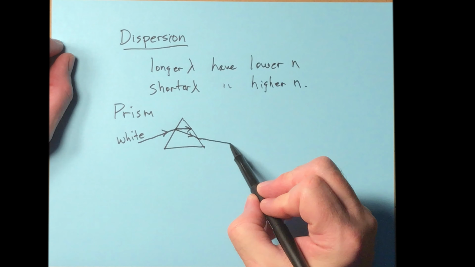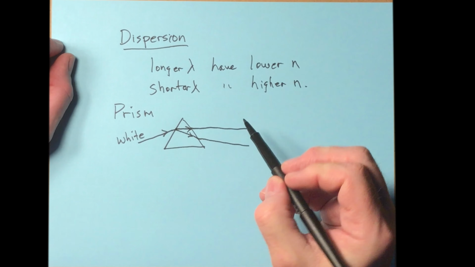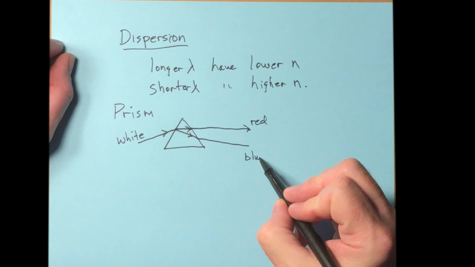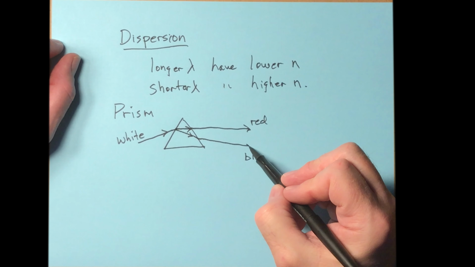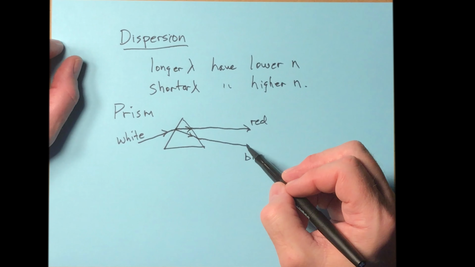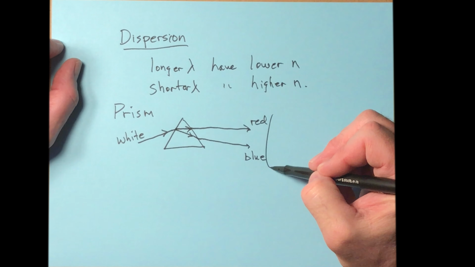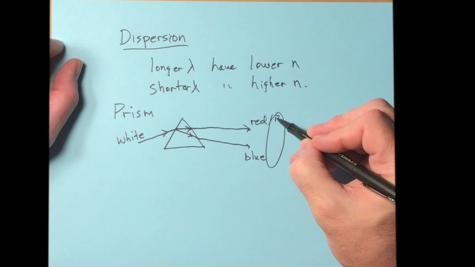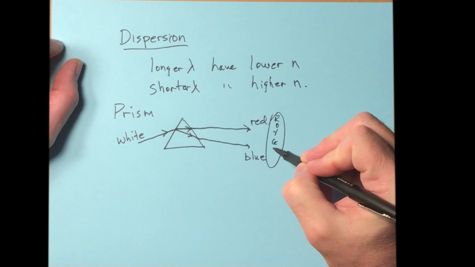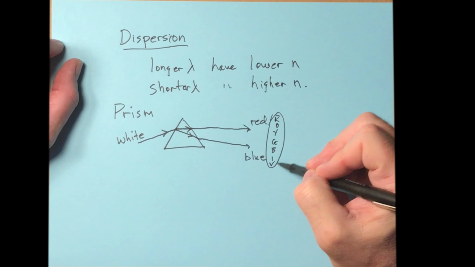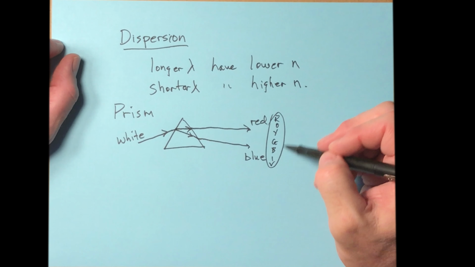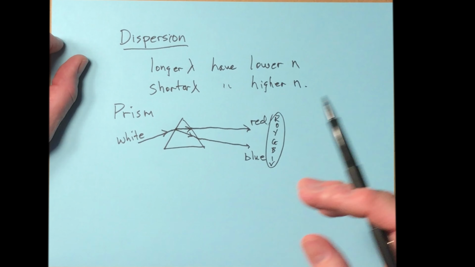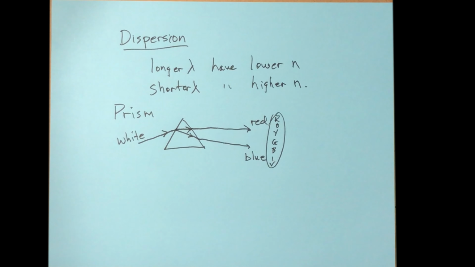And then when it comes out, it does something like this. So this would be red light on this end, this would be blue light on this end, and all of the other colors in between those two would fall here. If you were to project this onto some kind of a board or a detector, you would find out that all of the Roy G. Biv colors show up there, all the colors of the rainbow. So that's how you create a spectrum. It's because the index of refraction is different for each of the various wavelengths.